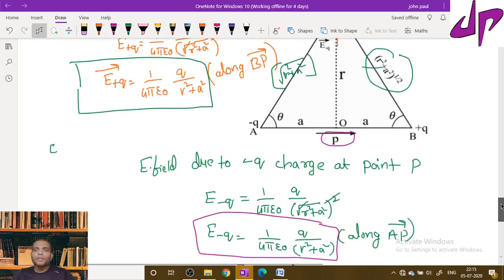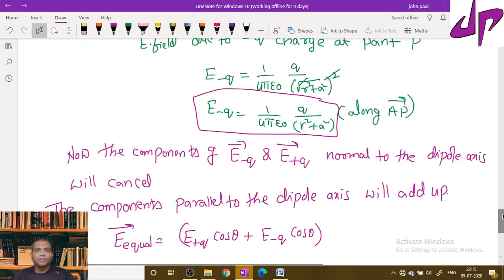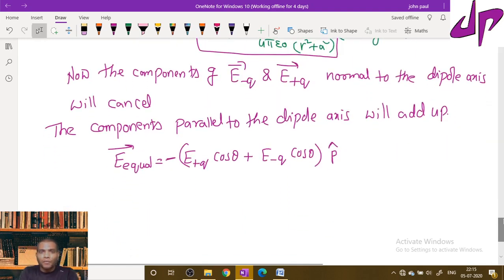So to mention the direction, I can write a minus sign along with p cap. The negative and p cap tell about the direction of the electric field. So at the equatorial point, the electric field direction is opposite to the dipole moment direction. So that's all about the final electric field expressions.